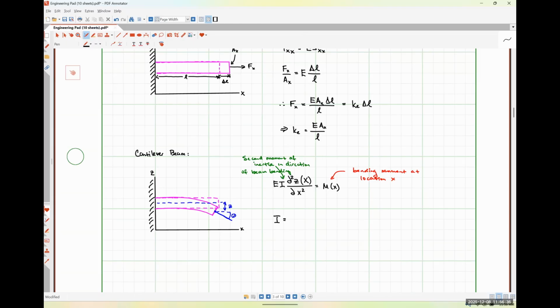So I can just replace I with the expression I equals A B cubed over 12, which is just from my good old handy dandy statics textbook from 20 years ago at this point, where B is the direction of beam bending and A is the direction of the transverse cross-sectional area.